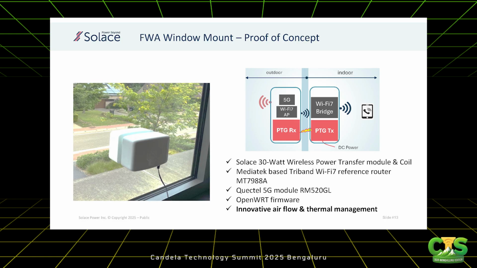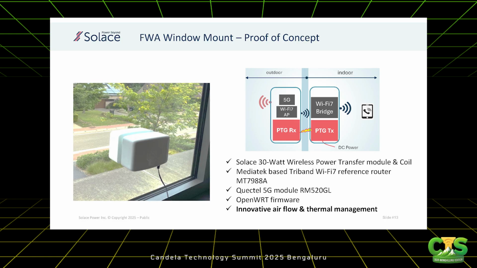So we hooked up a 5G module and antennas to it, and then we designed this whole 3D casing. What we found out was that it's not trivial to just put these things together and have it work, because the most critical part was thermals. To meet the thermal challenges, we had to do a lot of innovation in airflow and how to extract the heat from the devices.